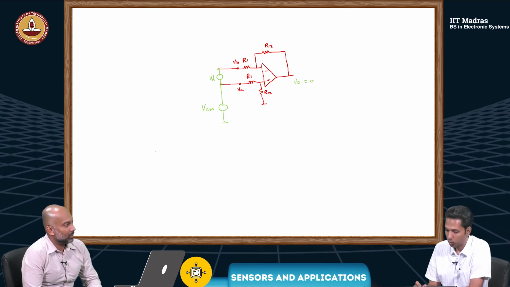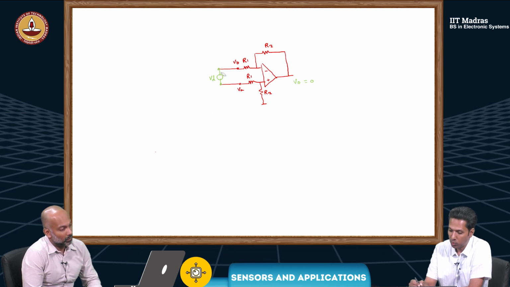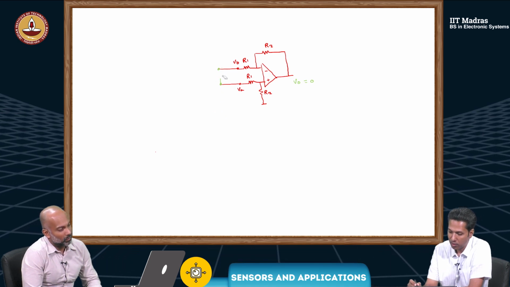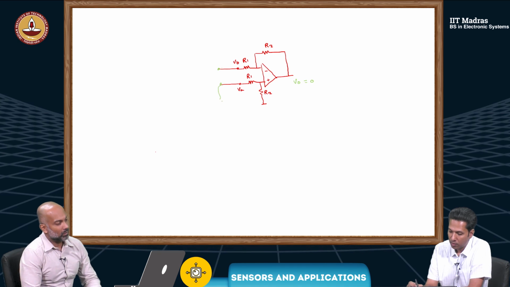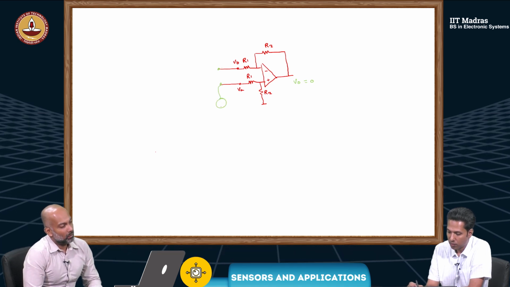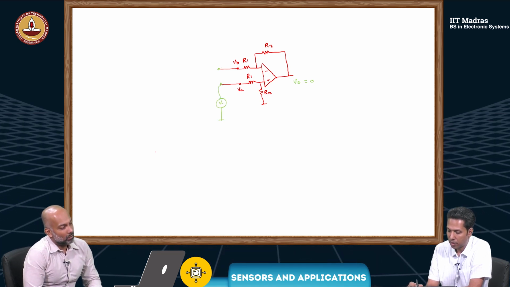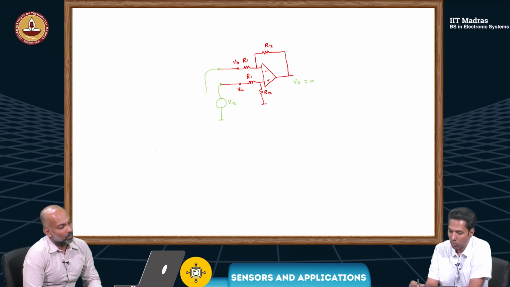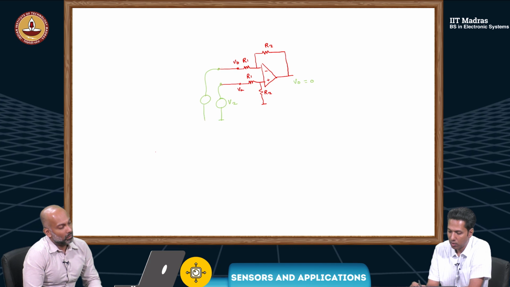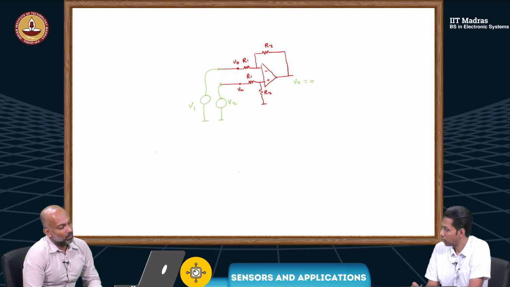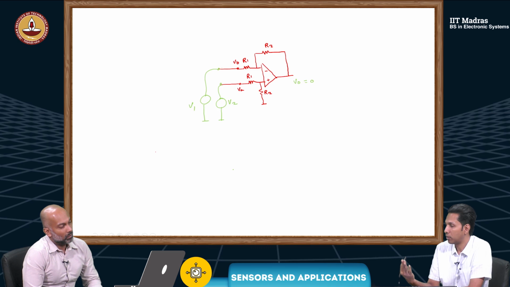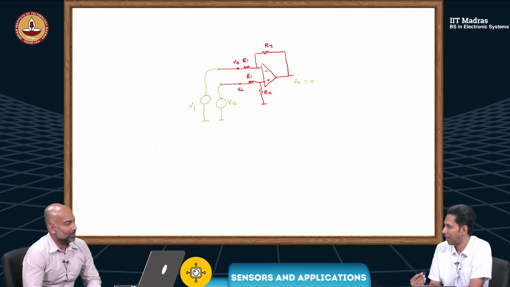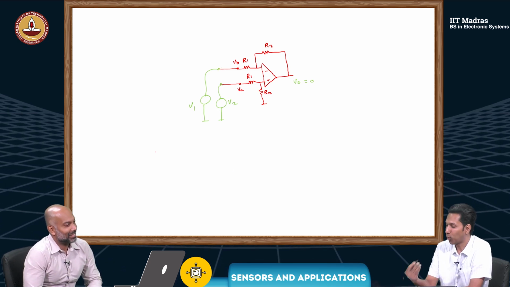Or, to make it more clear, this can be V2 and this can be V1, let's say 2.51 and 2.49.